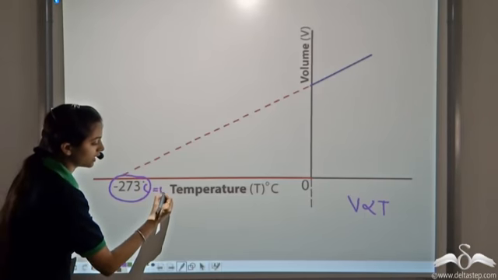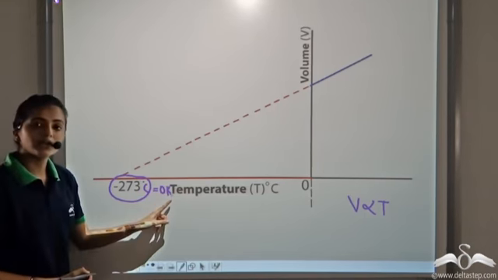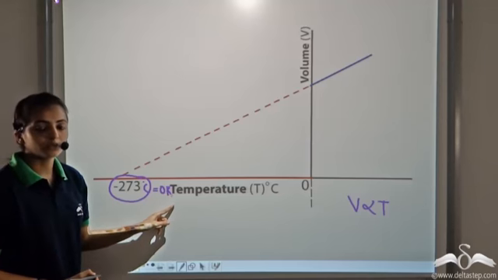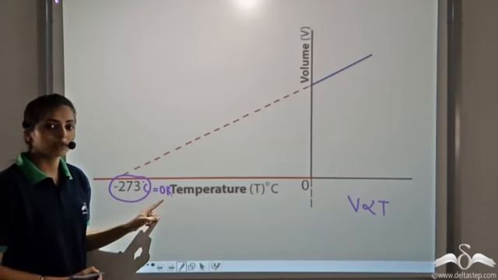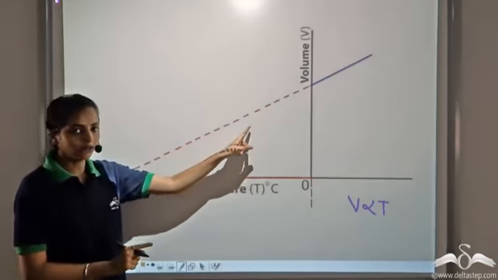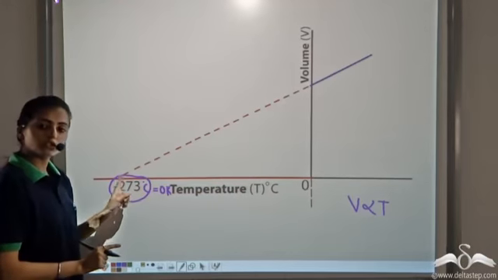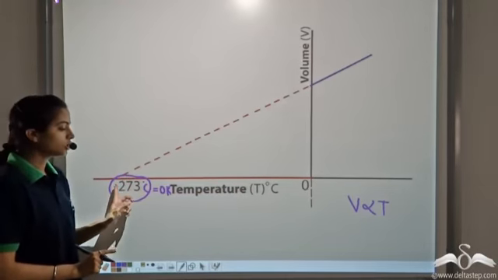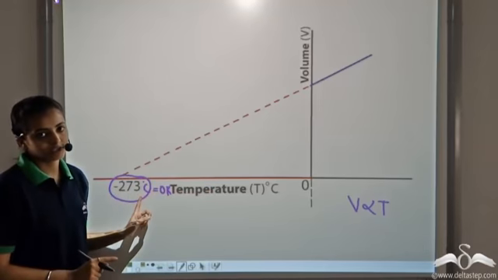This is 0 Kelvin, the absolute zero temperature at which the volume of all gases becomes zero.